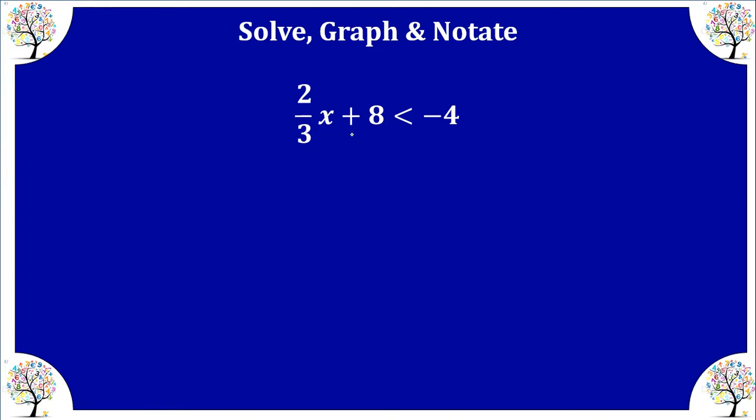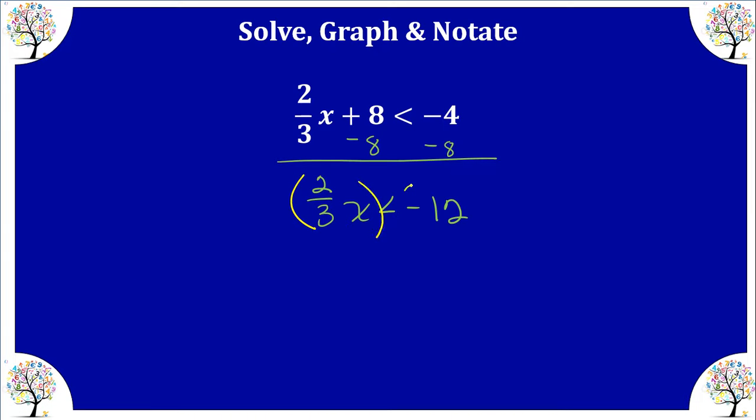Let's solve this. We're going to subtract 8 from both sides. We want to make this x 1x, so we're going to multiply by the reciprocal, which is 3/2 on both sides.